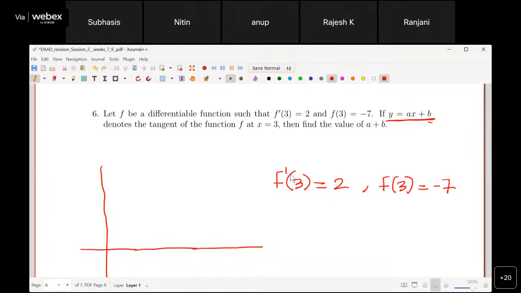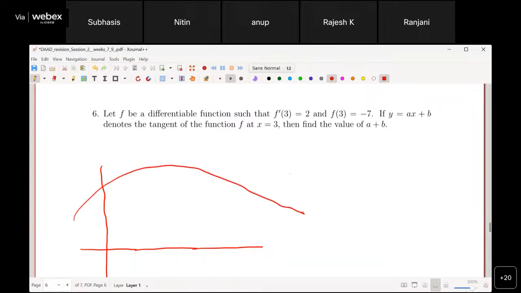Derivative will give you the slope of the tangent, not the tangent. So value of a is 2. Value of a is 2. Yeah, correct. Now you're saying the value of a is 2, because if you are taking the derivative of y equal to ax plus b, b is constant, so its derivative is 0. So f dash of 3 is 2, so a is 2, correct. And putting that value in your original equation, you will get the value of b.